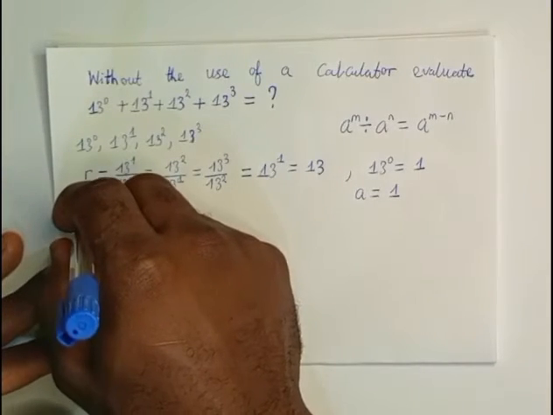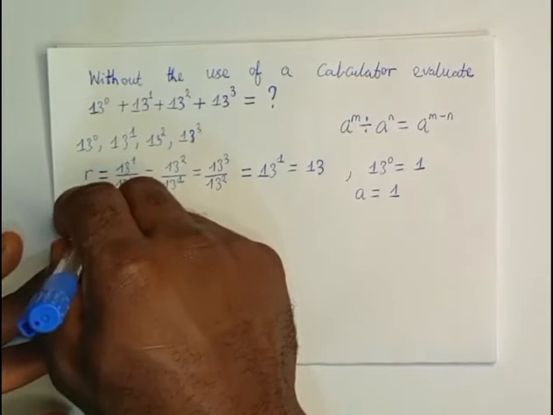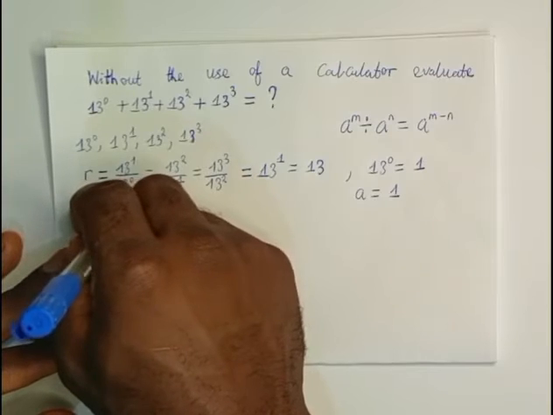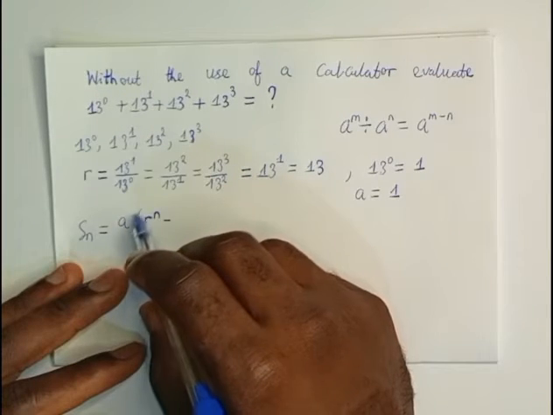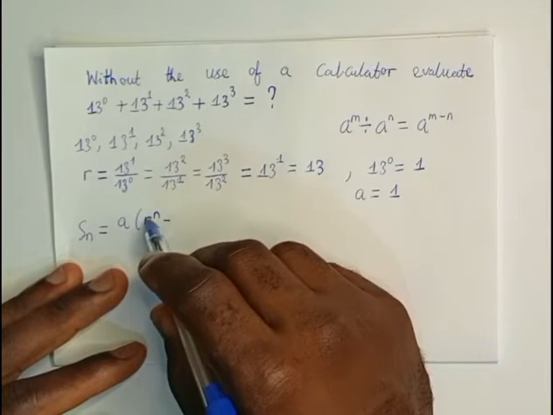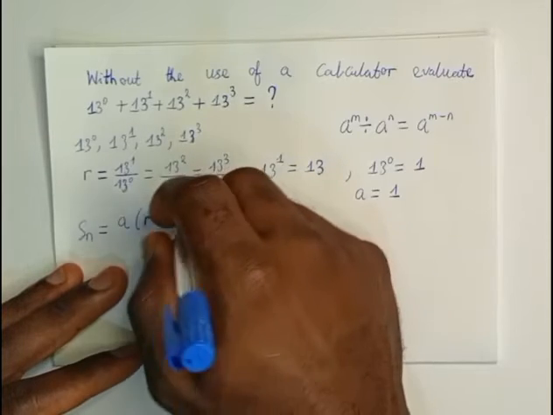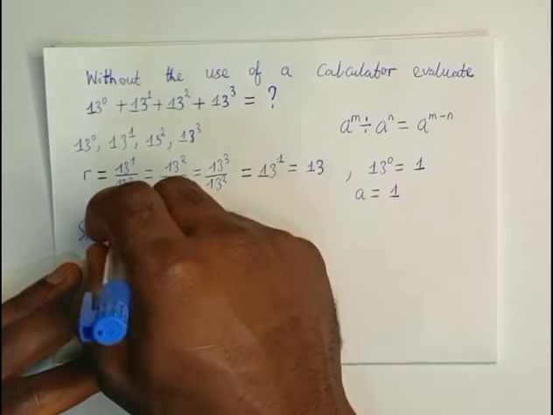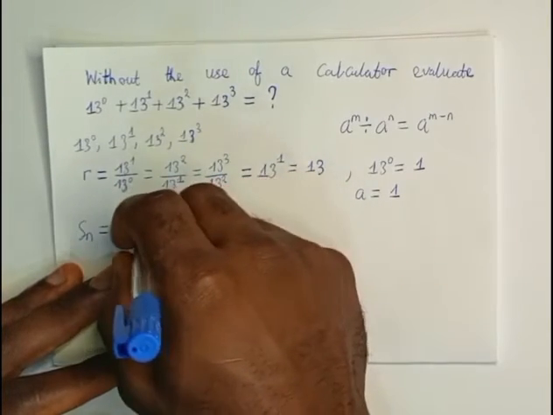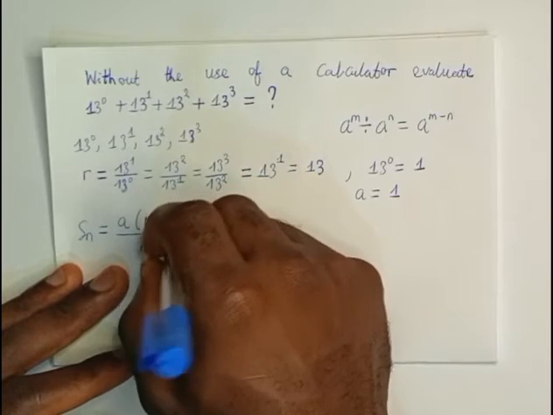The sum of the sequence, we know the sum of a geometric progression, Sn, is simply equal to the first term times the common ratio raised to the power n minus 1. We divide by common ratio minus 1.